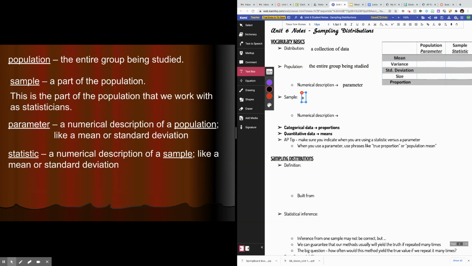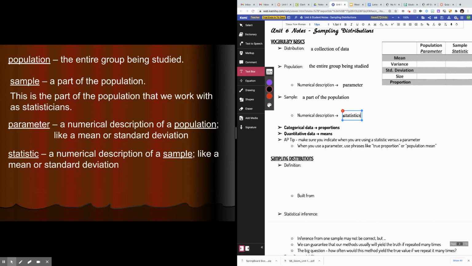But as you probably recall from Unit 1, it's almost impossible to get information from every member of a population. That's very difficult, which is why we as statisticians work with samples, right? So a sample, in the most basic of terms, is just a part of the population, a small part of the population. Okay, and these are described by statistics.